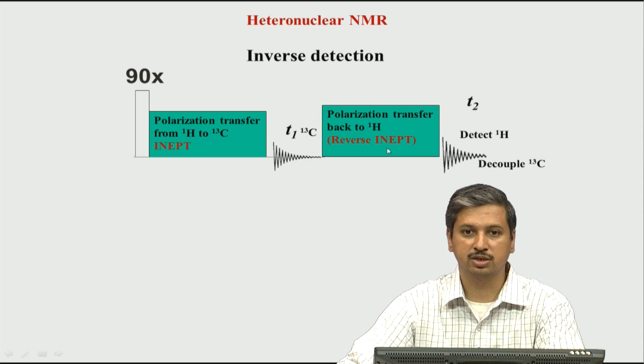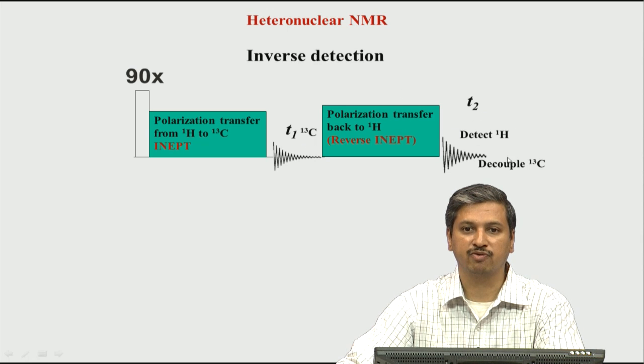This is also the INEPT concept, but reversed, and then proton has now got back its polarization and it will now evolve with its chemical shift value. So, you can see here we are starting from proton and ending with proton. So, it is a proton to proton excitation and detection, but in between we have got carbon. We will see mathematically how these two get connected.